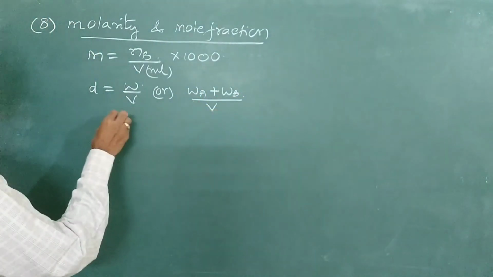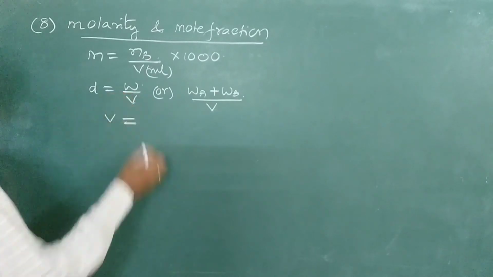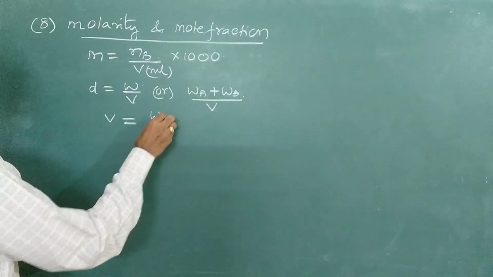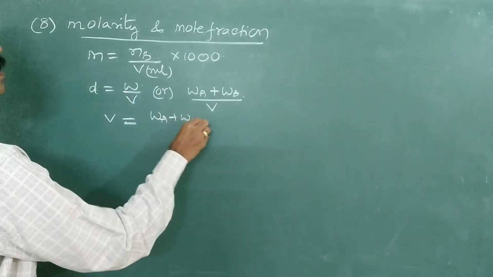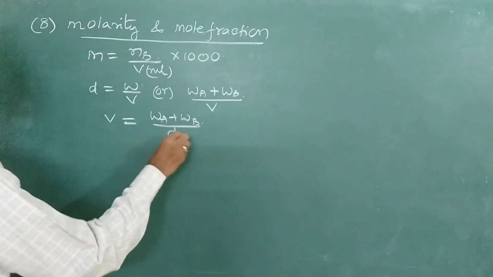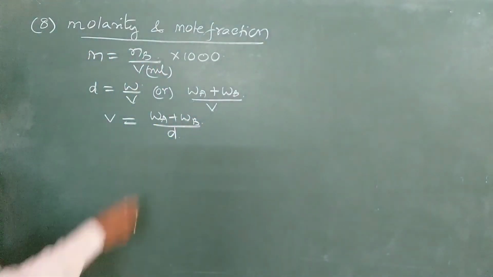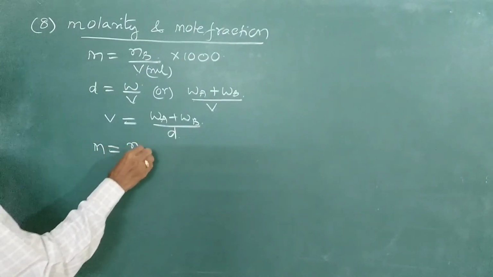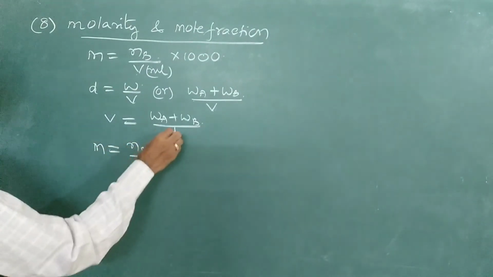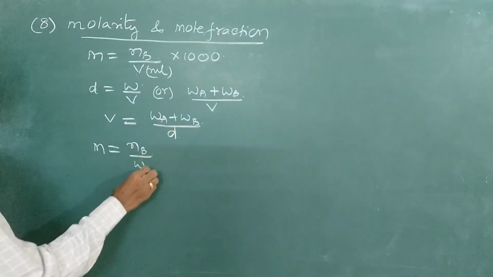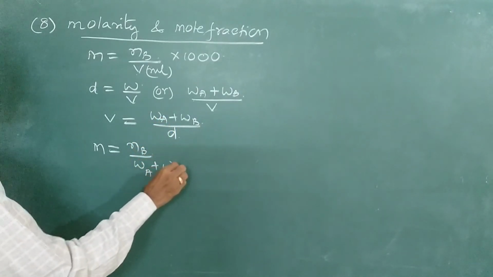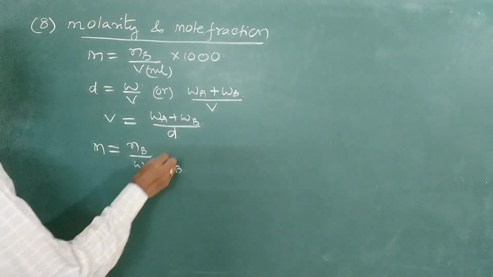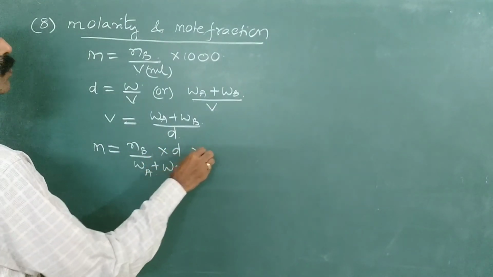Now, volume is equal to the mass of solution divided by density. Now substitute in place of volume. So molarity is equal to the number of moles of solute divided by, for volume, the mass of solute plus the mass of solvent divided by density, into 1000.